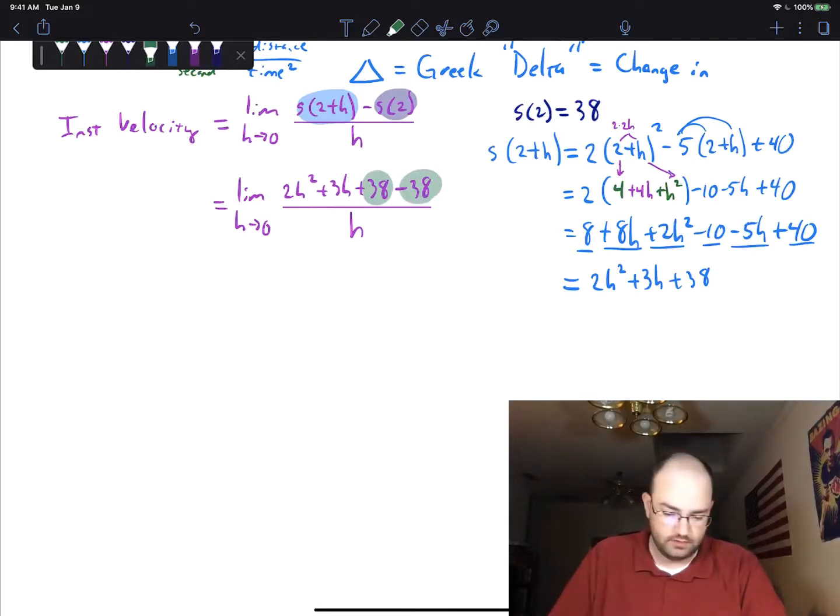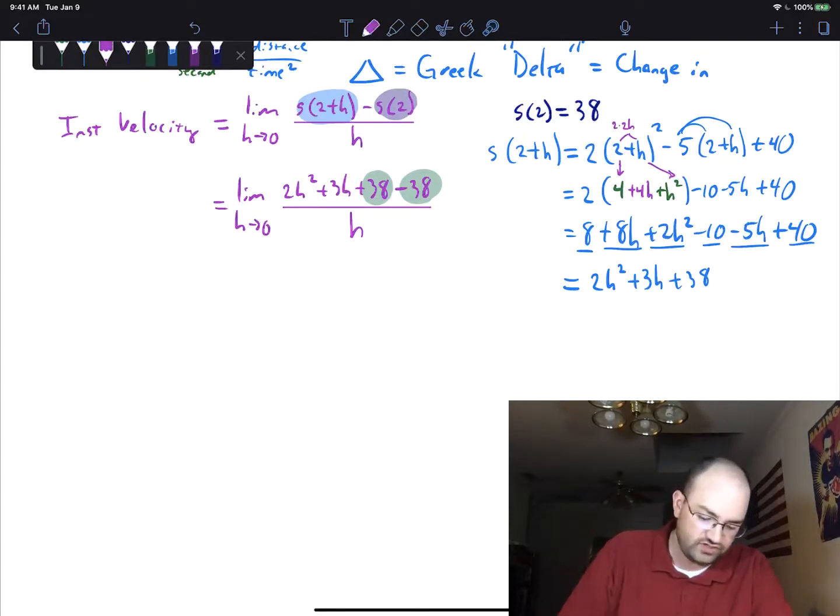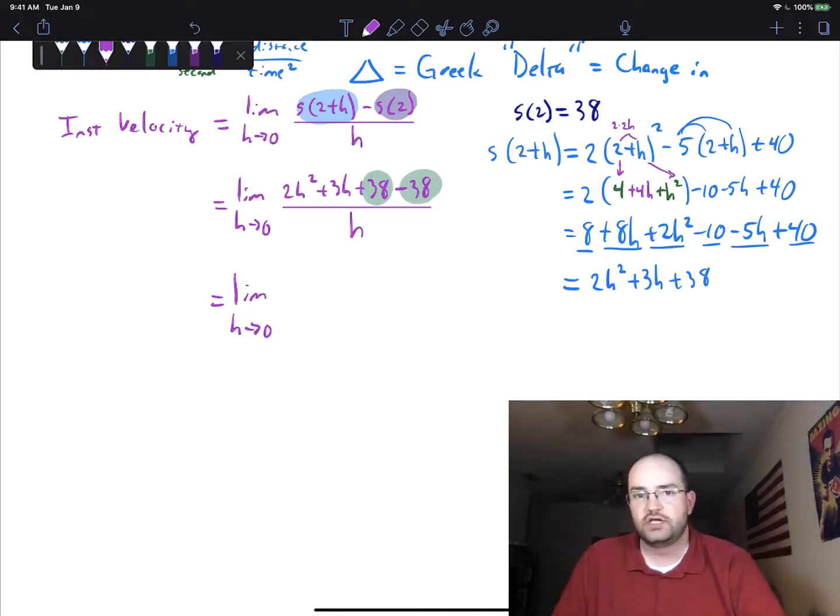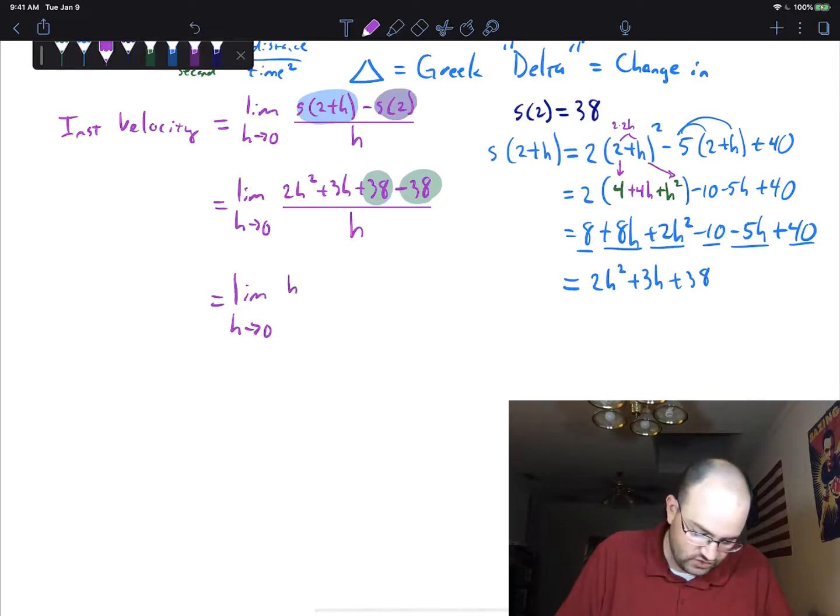They're gone. Now, if you look in the numerator, there's an h in common with both of those terms. There will always be for this type of question. So what we want to do is factor out that common factor of h. Now, that doesn't mean that that will always be the only common factor, but that's the only one we care about. So we're going to factor out the h, and what's left over is 2h plus 3.